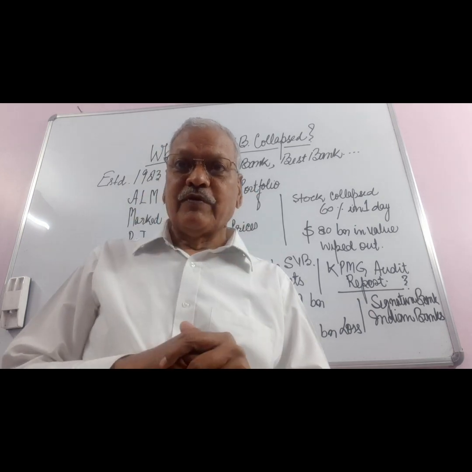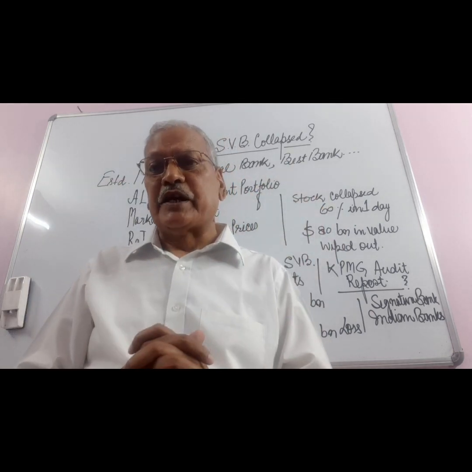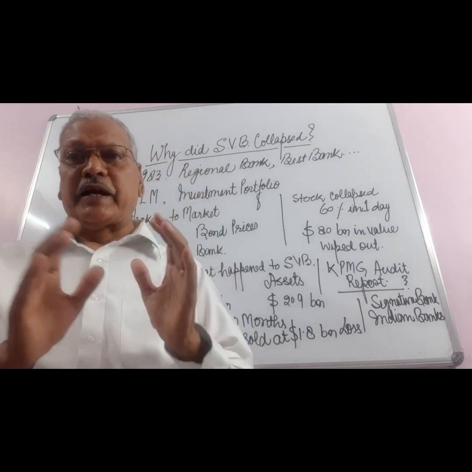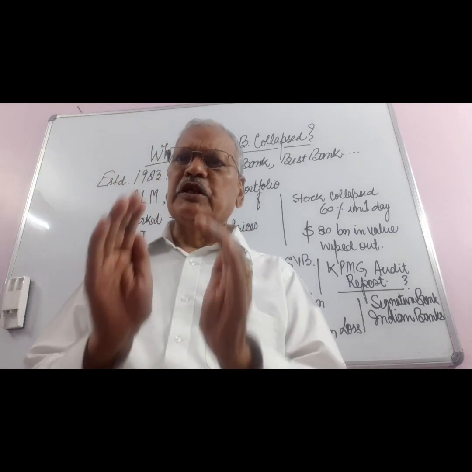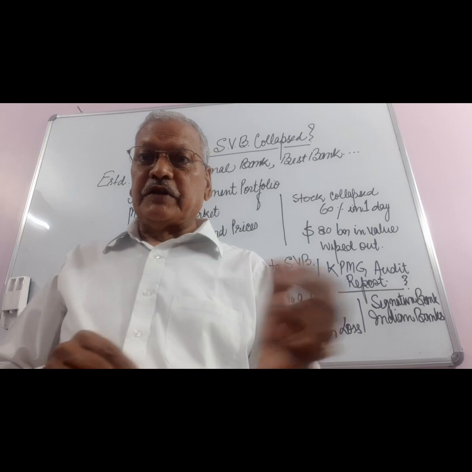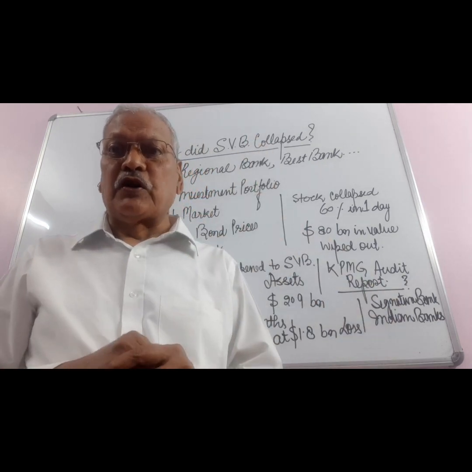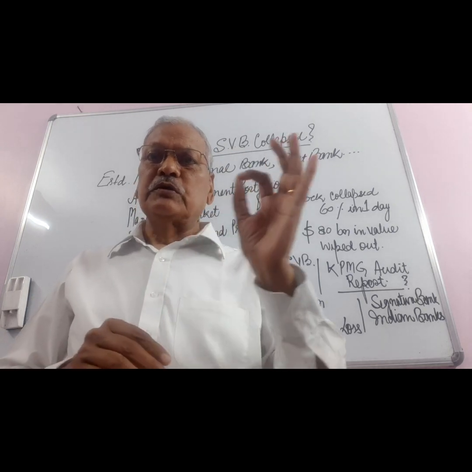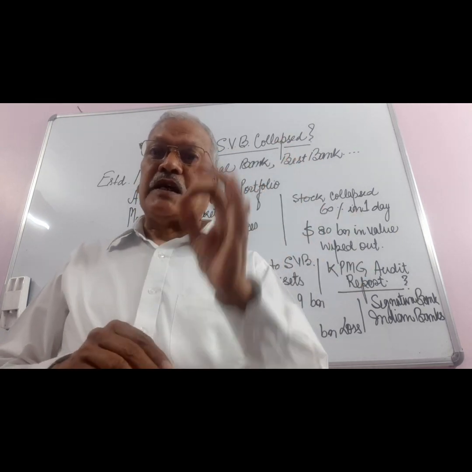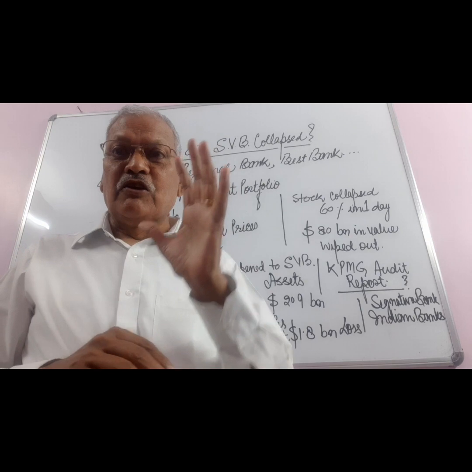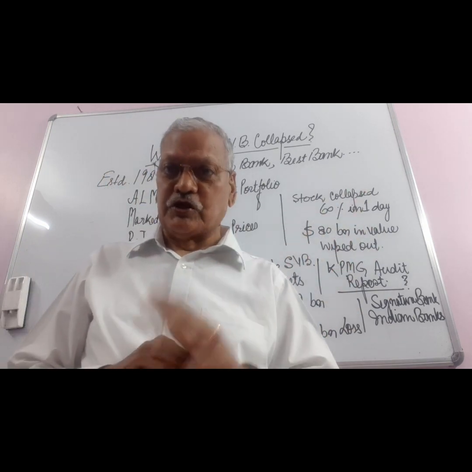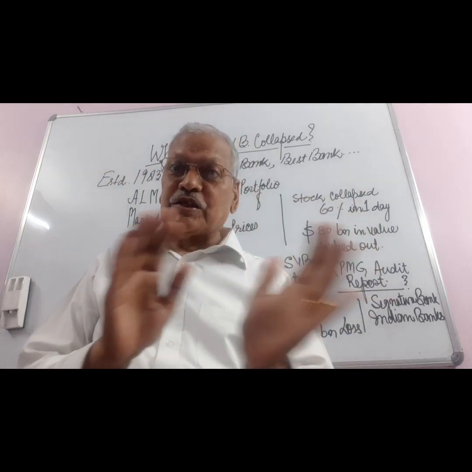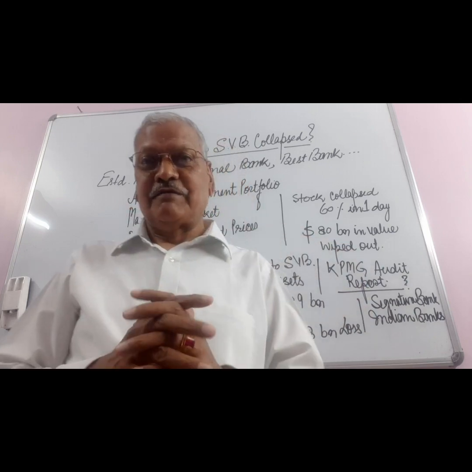So for understanding asset liability management, the bank has to manage the short-term liquidity. If there is a demand from the depositors for the payment of their deposits, the bank has to meet it at any cost. We cannot deny the payments to our depositors. And that is asset and liability management.